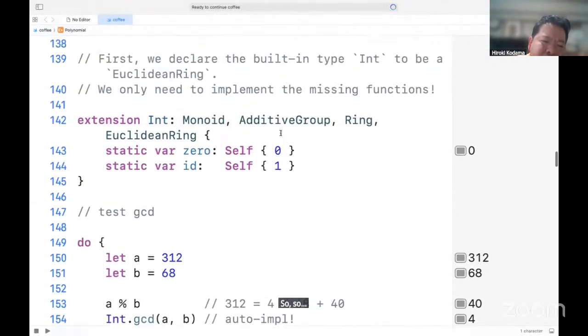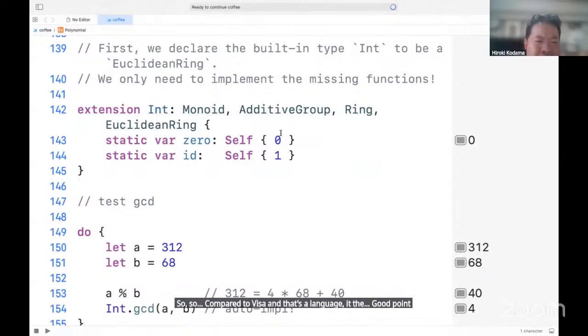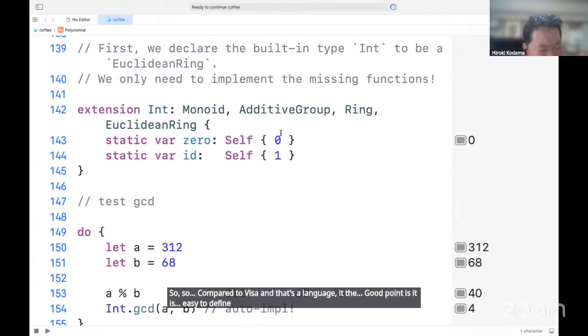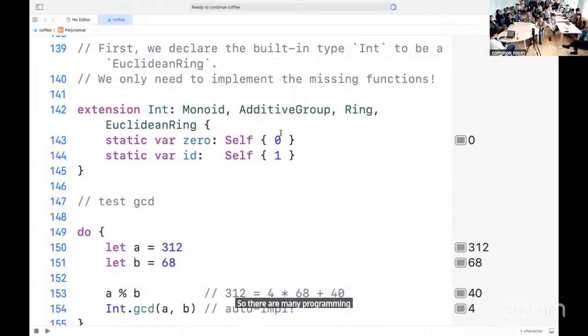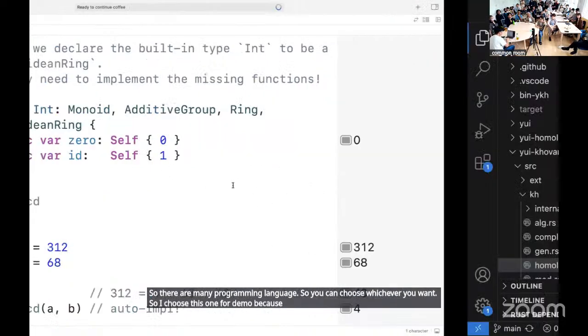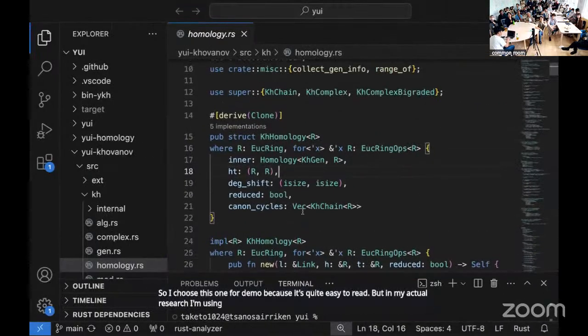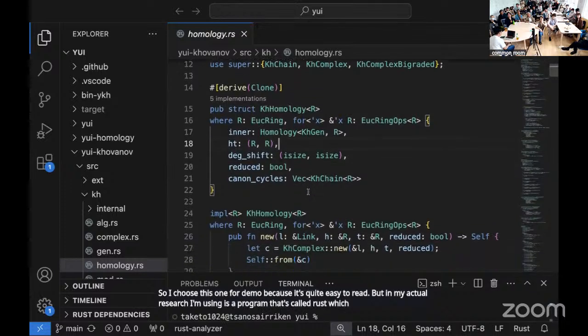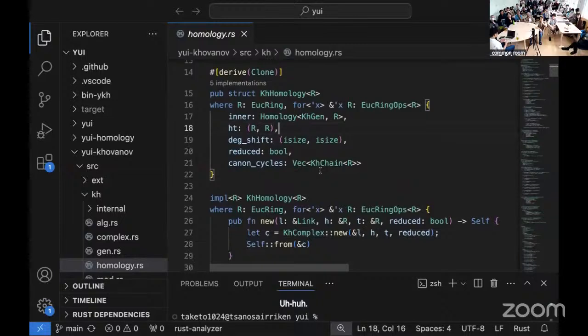Compared with another language, the good point is that it is easy to define very difficult types. But there are many programming languages, so you can choose whichever you want. I choose this one for the demo because it's quite easy to read. But in my actual research, I'm using a programming language called Rust, which has nice inheritance properties and a more direct way of handling this.